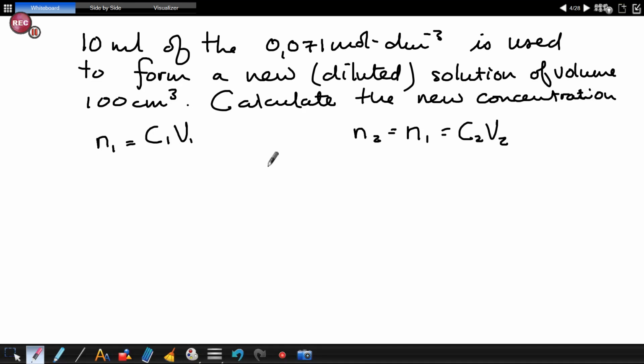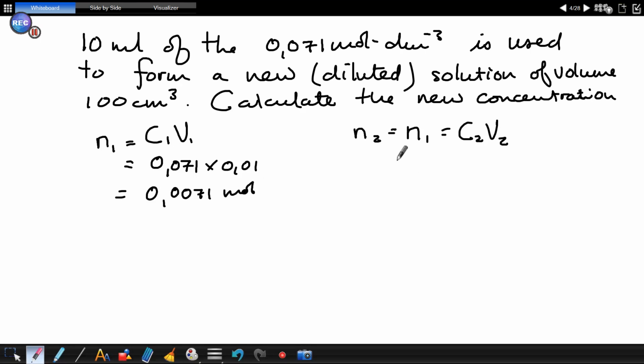So you could either do two separate calculations and say it is 0.071 times 0,01, and that gives you 0.0071 moles.